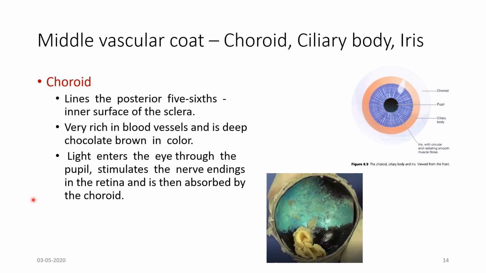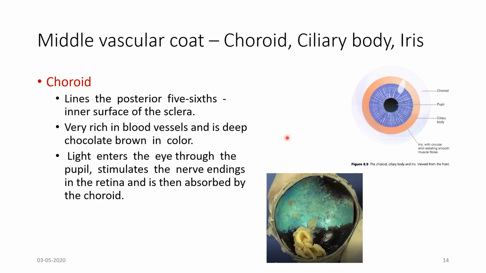Coming to the choroid, we have seen it in the dissection of the cow's eye. This is the choroid. This lines the posterior 5/6 of the inner surface of the sclera, because this is part of the middle coat of the eyeball.